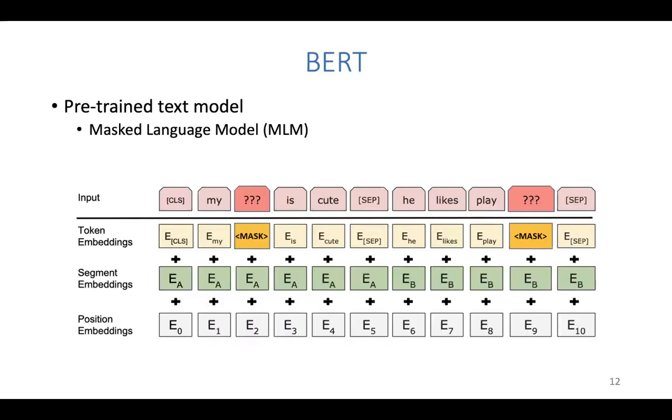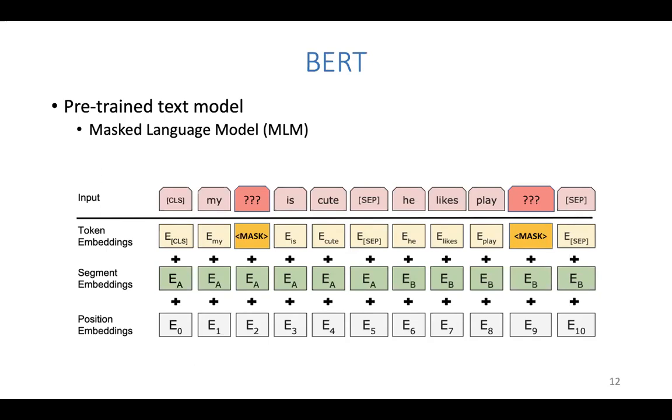So just to recap what BERT is. BERT is just gigantic stacks of transformer blocks, transformer encoder blocks, actually, because the original transformer consists of encoder and decoder. BERT only uses the encoder part.